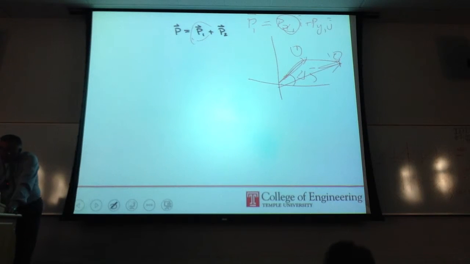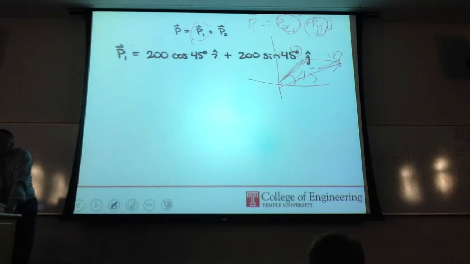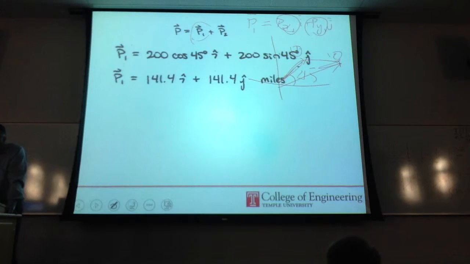Right, P1 is 200 cosine of 45. What about Py1? There you are. Boy, is this easy. Which basically gives you P1 as 141.4 i plus 141.4 j miles. Don't forget the units, miles.